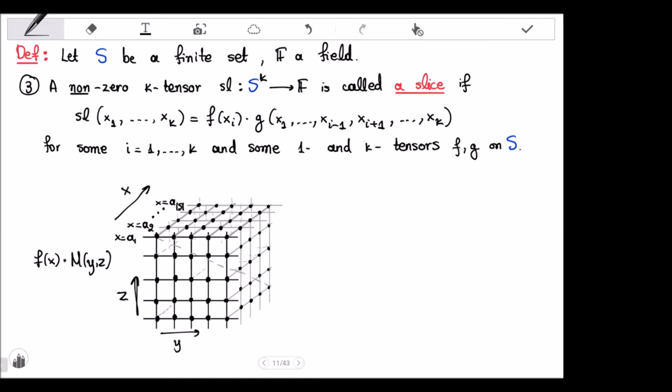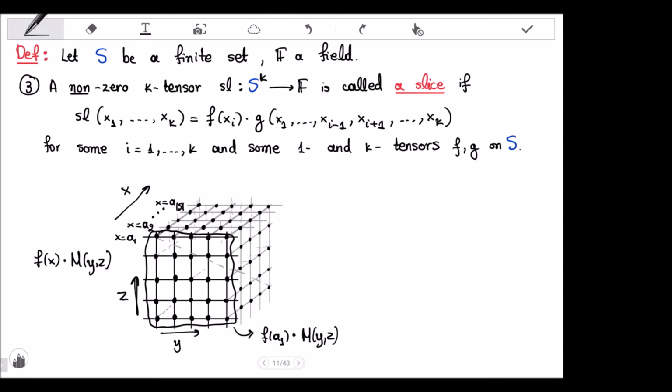Okay. And let's see what happens here in the front layer. In the front layer, x is a1. So the values are, we form f of a1, that's fixed in the layer, times m of yz, over all yz. So it's simply a multiple of this single matrix, m.